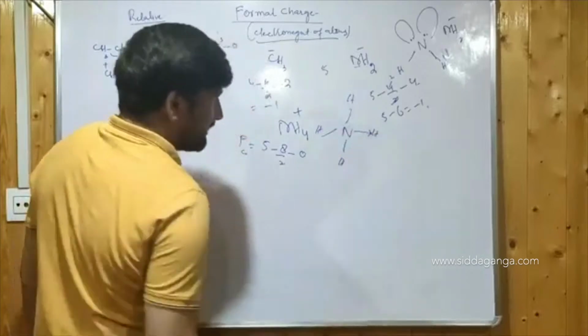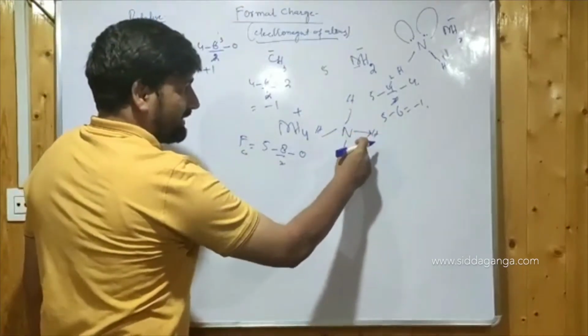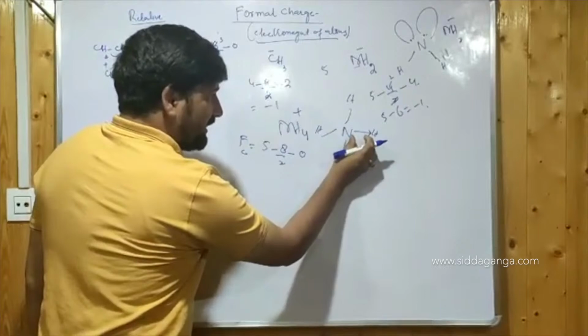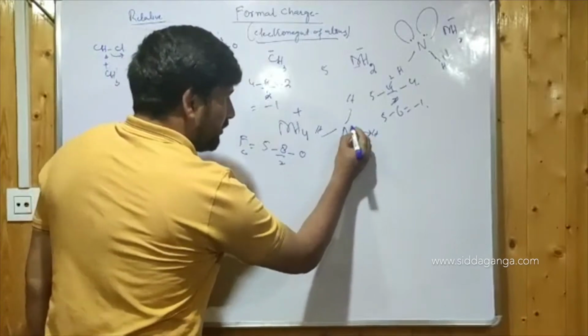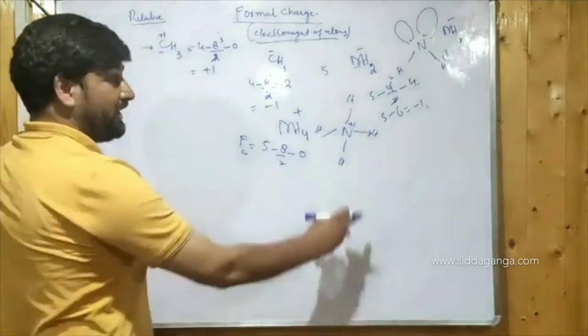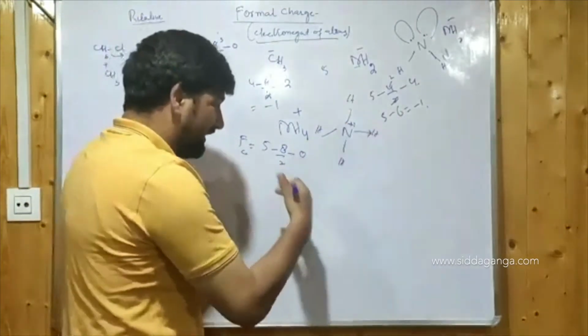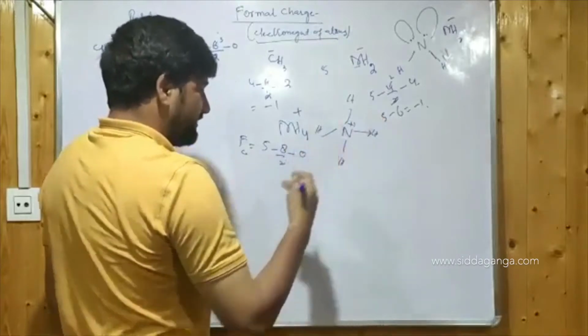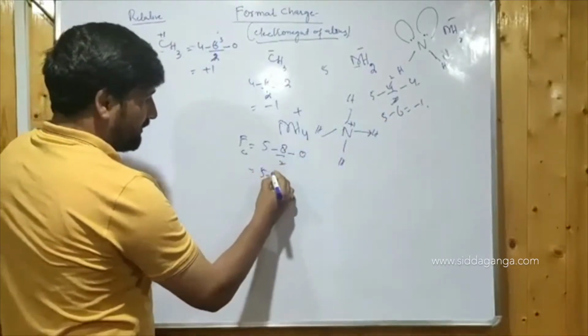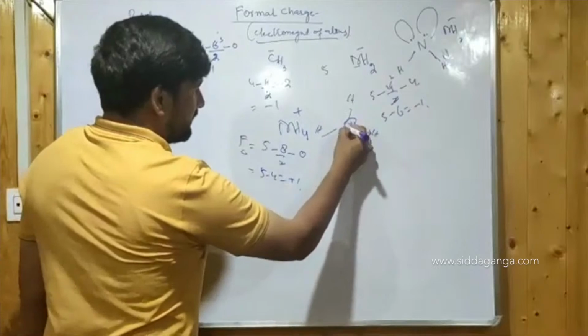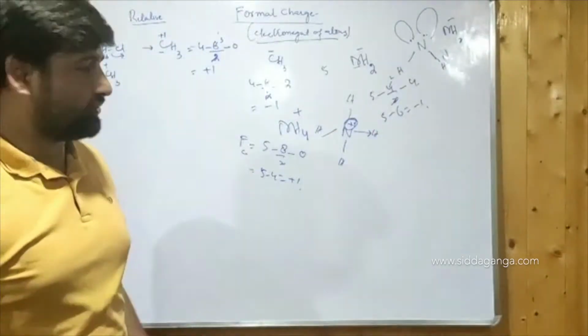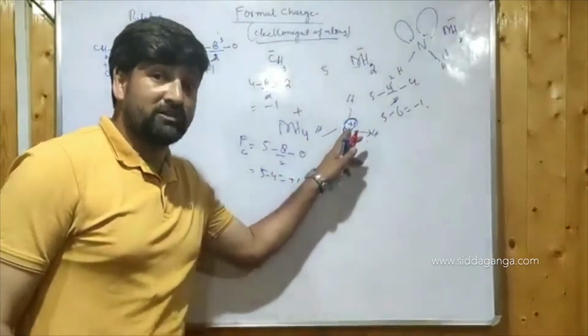Because this is a coordinate bond, right? Donated via lone pair of electrons. So one lone pair of electrons has been donated to a proton. Obviously charge on nitrogen should be +1. And here it will be 0 because hydrogen has come not as hydrogen. It has come out as a proton. It has come towards ammonia as a proton. So it will be 5 minus 4. That will be +1. This is the charge that you got on nitrogen. How much? +1. This is formal charge.